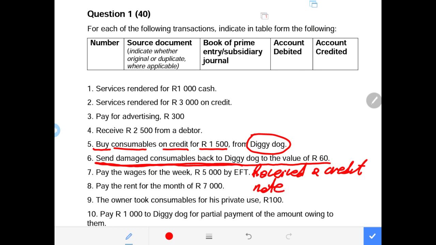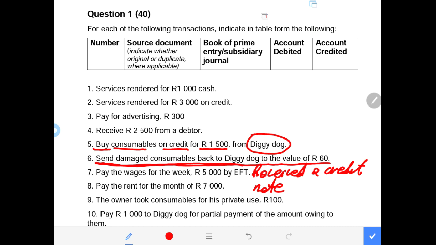When do we receive a credit note? We receive a credit note when we return goods to a supplier. The supplier will give us a document that says, I acknowledge the return of your goods. So a credit note is a document acknowledging the return of the goods.